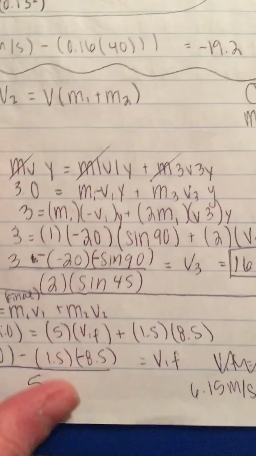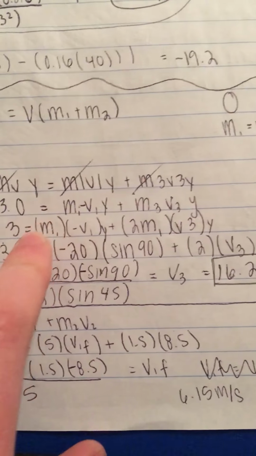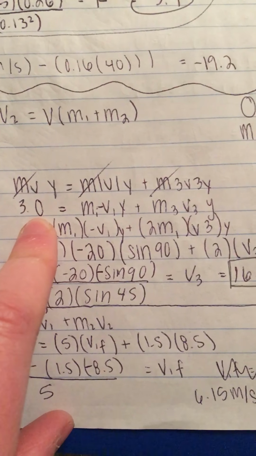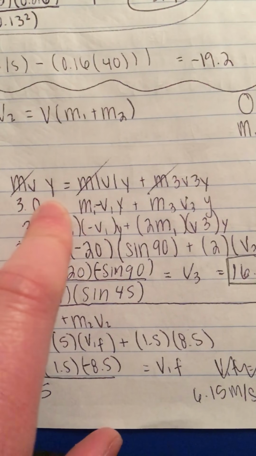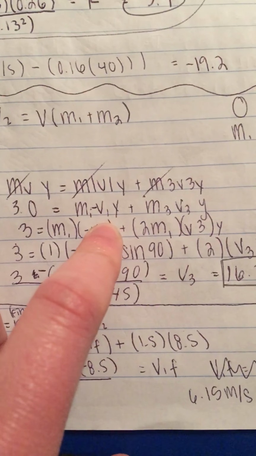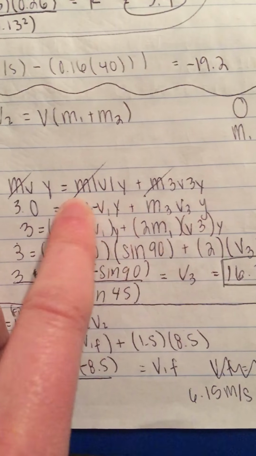And then y is going to be our initial speed, and that was 3 meters per second. So y is equal to m initial, v initial, y, all this stuff.